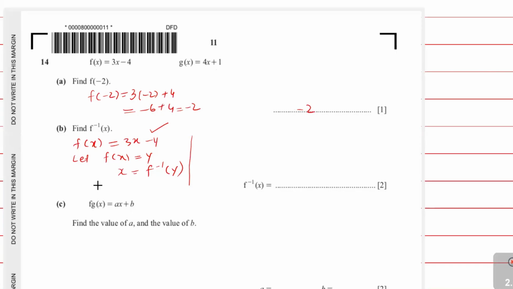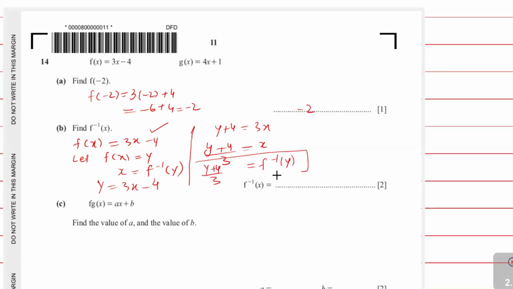We can write y equals 3x minus 4, and we can write y plus 4 equals 3x, and x equals y plus 4 over 3, and this x is f inverse of y, equal to y plus 4 over 3, and we will replace y by x.